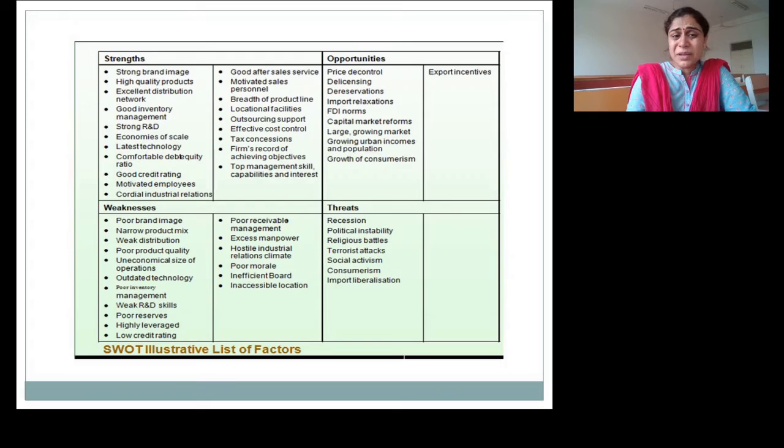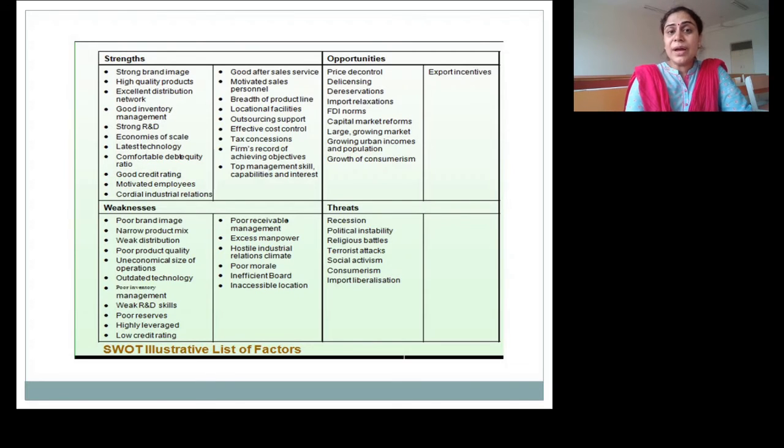Then we have weaknesses, like poor brand image, narrow product mix, weak distribution mechanism, uneconomic size of the operation, outdated technology, and weak research and development skills. Now, what are the opportunities available for a company?